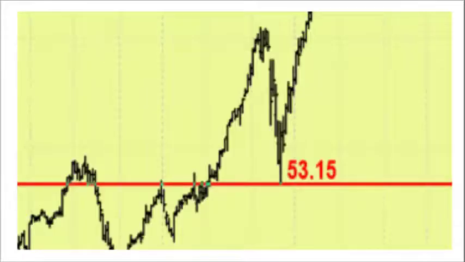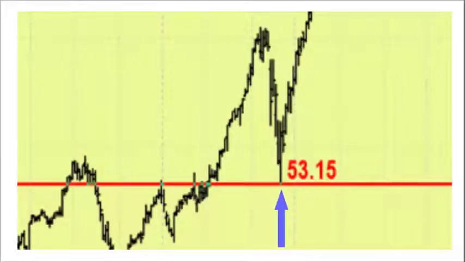Take another example here. The price had shot up considerably and then fell back pretty precipitously to hit this low at $53.15, and of course that's the point that we're tracking there with our trading chart as we see that enforced for us.